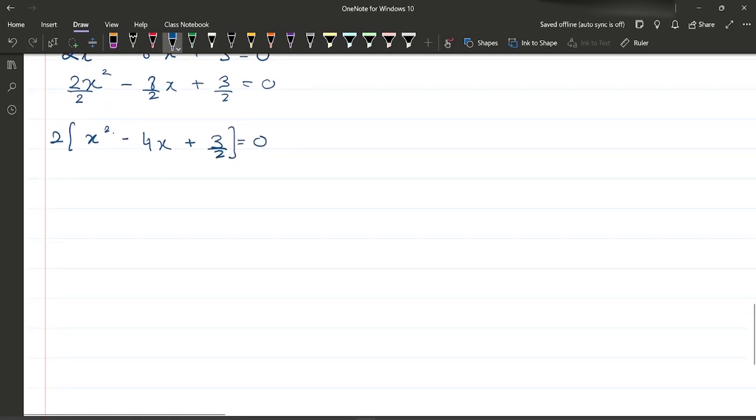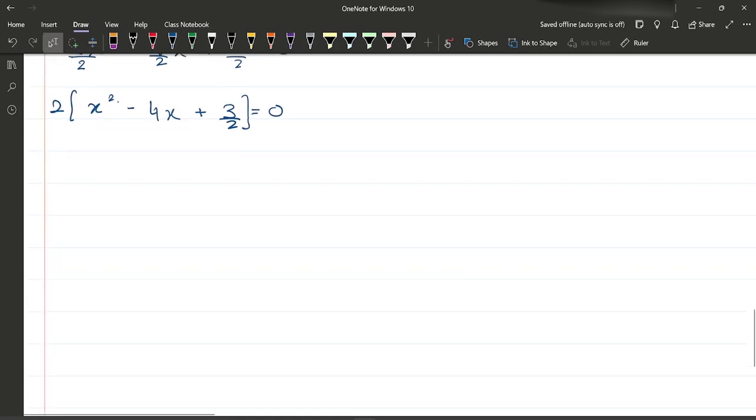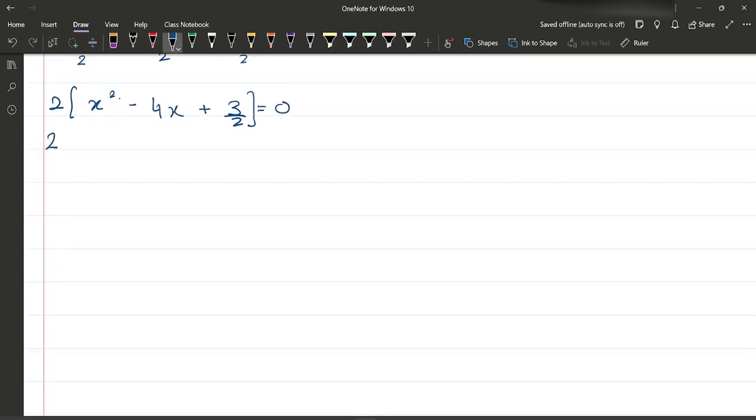Okay. Next, we're going to keep the brackets. Remember to keep the brackets. x minus 4 over 2, brackets squared, plus 3 over 2. Let me just put this in red just so you remember. And then minus 4 over 2 squared equals 0.